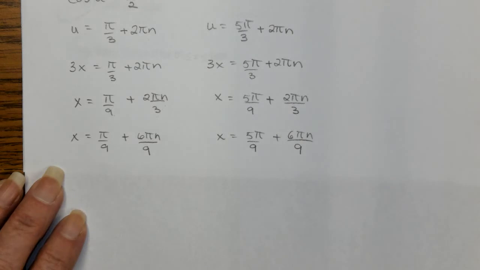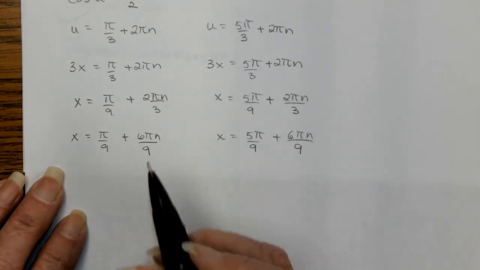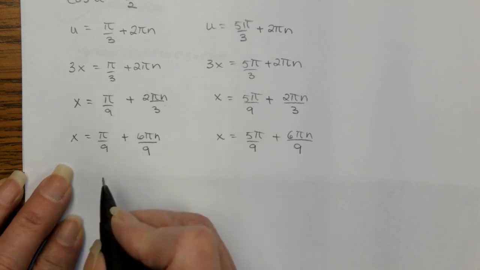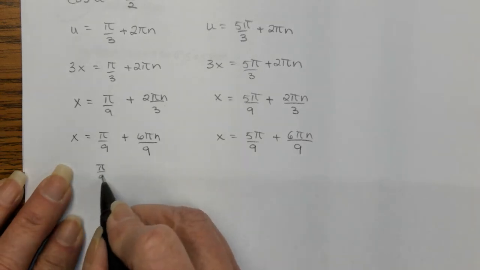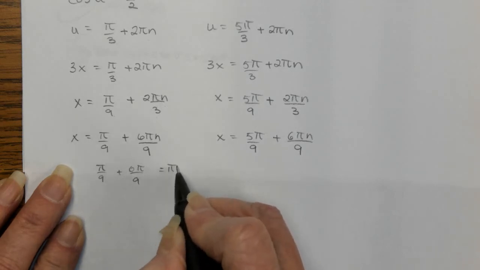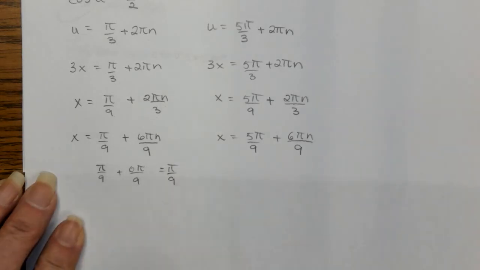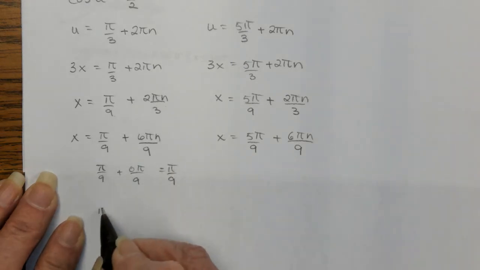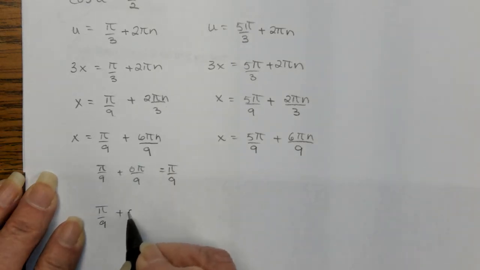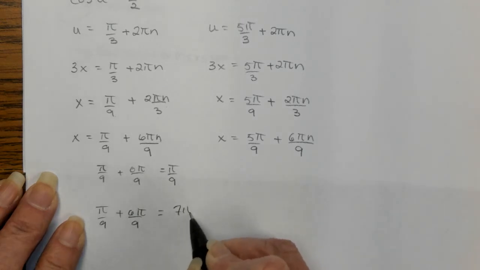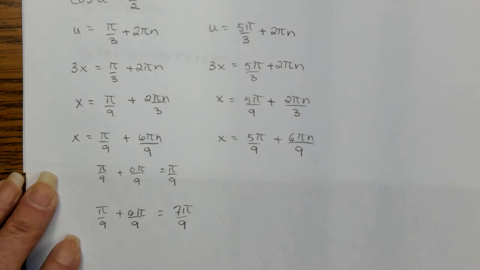Now since I'm only going from 0 to 2 pi, I'm going to go ahead and start by substituting in 0. And when I do that, I'm going to get pi over 9 plus 0 pi over 9, which gives me pi over 9, and that's my first solution. Then I'm going to substitute in a 1 right here. So I'm going to get pi over 9 plus 6 pi over 9, and I'm going to get 7 pi over 9.